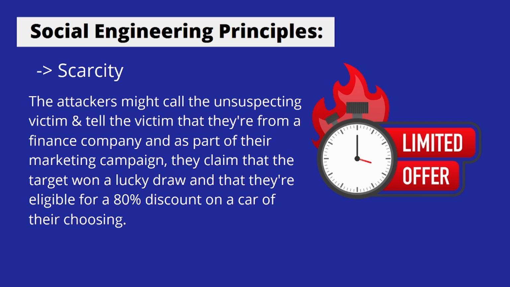The attackers might call an unsuspecting victim and tell the victim that they are from a finance company and, as part of their marketing campaign, claim that the target won a lucky draw and is eligible for an 80% discount on a car of their choosing. The attacker even shares more details, such as the cars that fall into this offer, and might even answer the target's questions to get them hooked onto this idea.